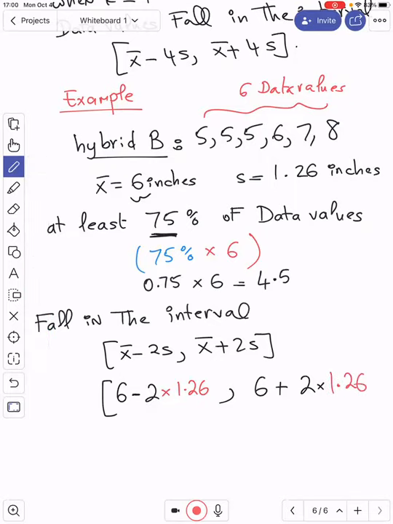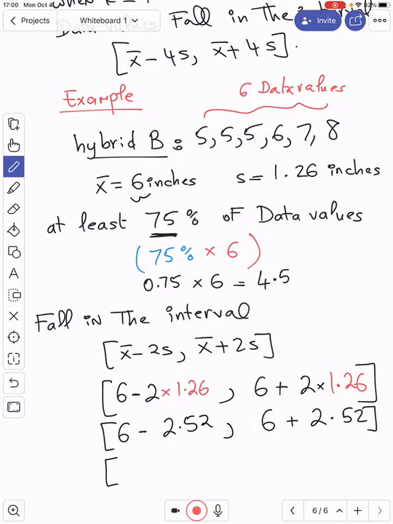So 2 times 1.26 is 2.52. So this is 6 plus 2.52, and 6 minus 2.52 is 3.48, and this is 8.52.